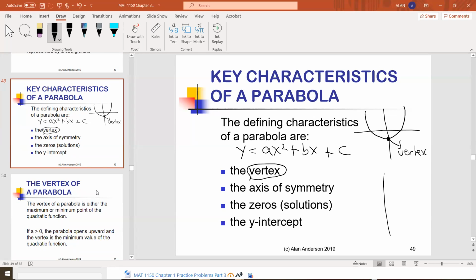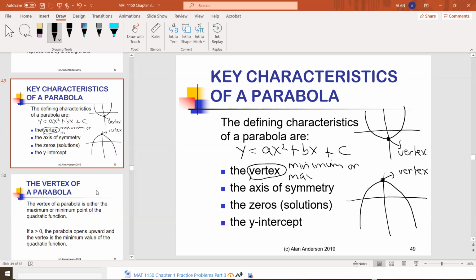If we have a downward sloping parabola, this is the vertex. So basically think of it as the minimum or maximum point. Okay, and of course, once again, just a quick reminder, this implies that a is positive and that a is negative.